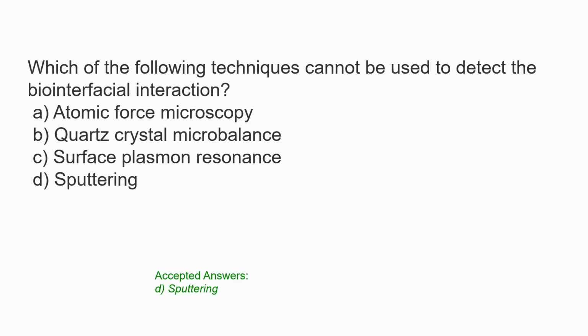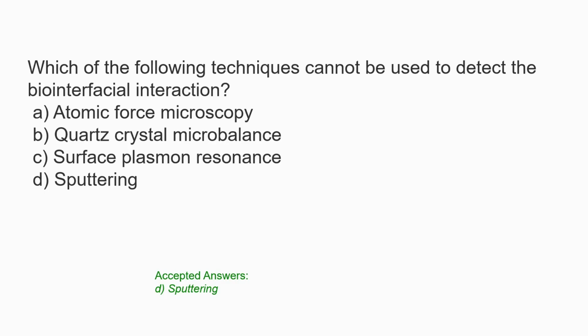For example, atomic force microscopy uses a cantilever with a very sharp tip to scan over a sample surface. As the tip approaches the surface, there are attractive and repulsive forces between the tip and the surface. Based on this interaction, the instrument is able to detect information about the surface.